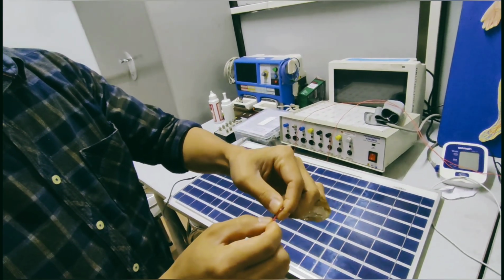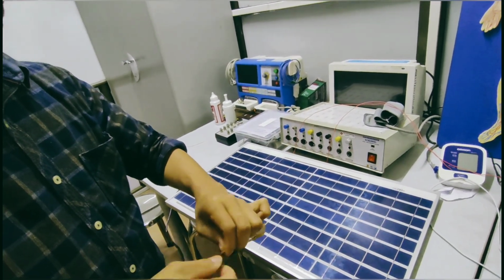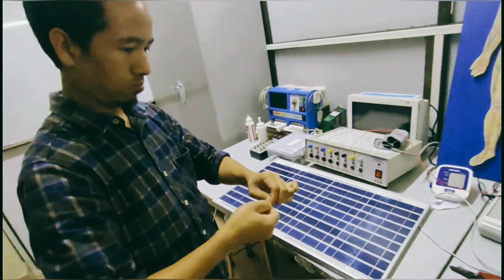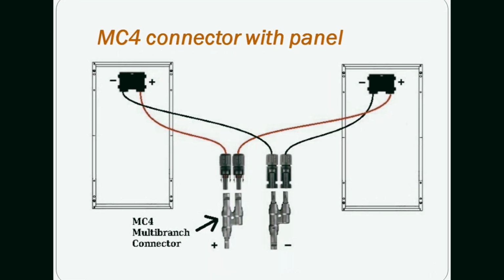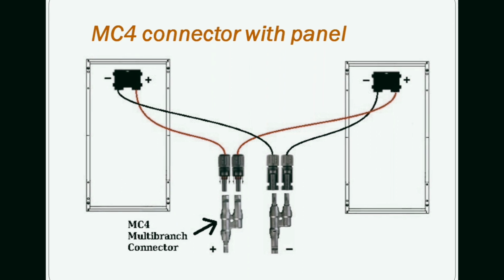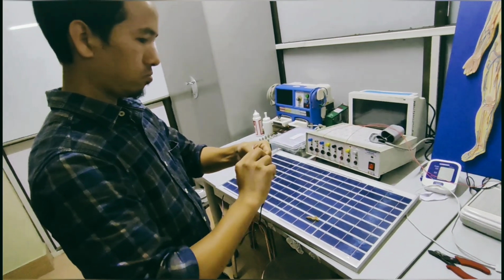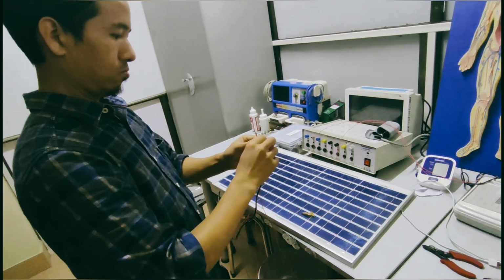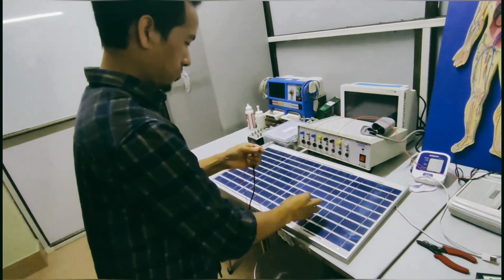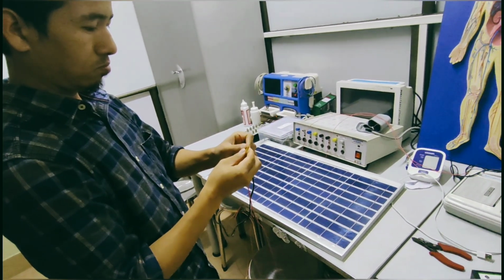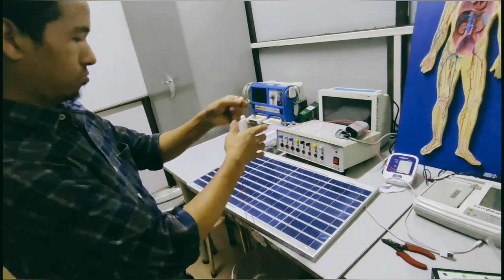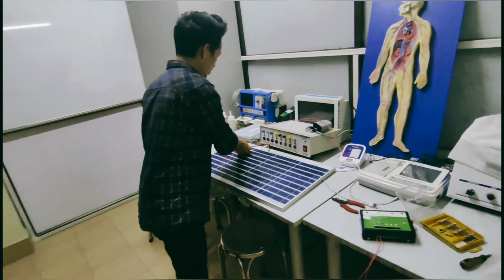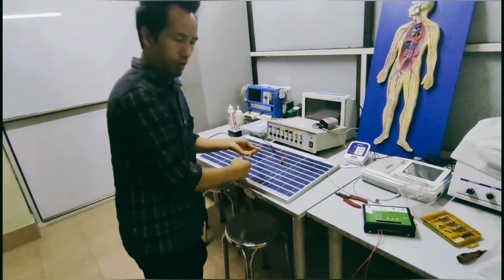Practically, in reality, you cannot connect wire like this by twisting it. You have to connect it properly using an MC4 connector. And this is the negative terminal. Now the connection is done from solar panel to charge controller.